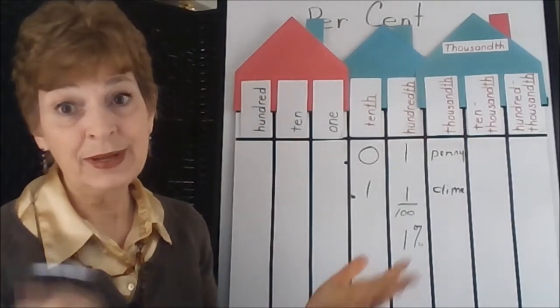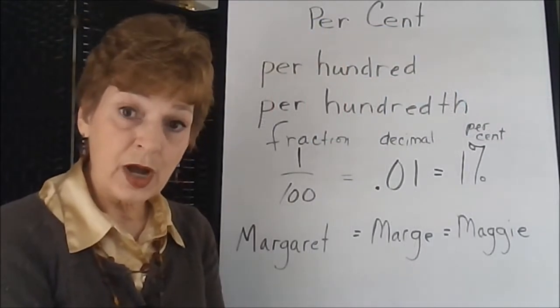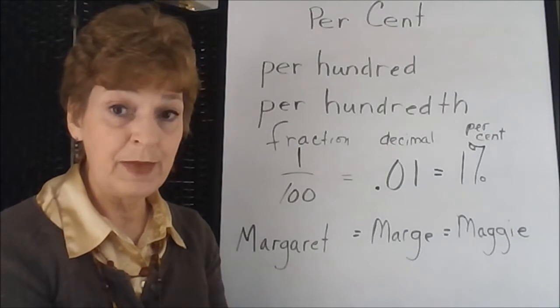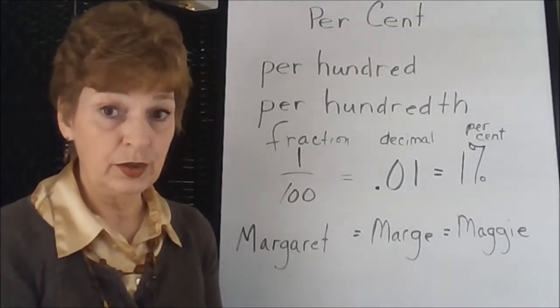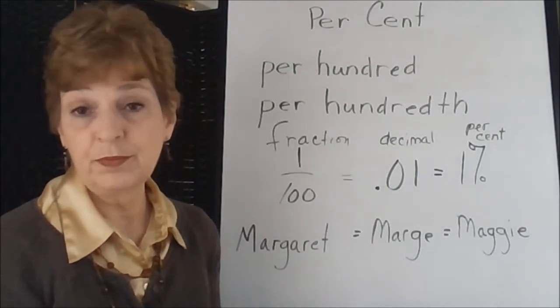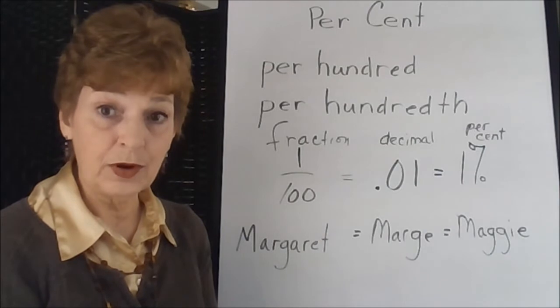Now, why have so many different names for the same thing? As we learned when we were talking about fractions, sometimes a problem's information is stated to you in a fractional form. Sometimes, if you're talking about perhaps money, that would be given to you in a decimal form.